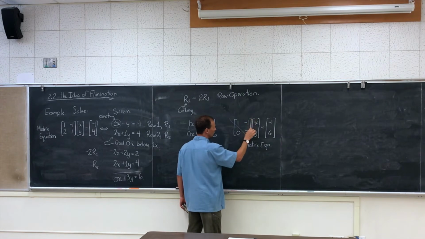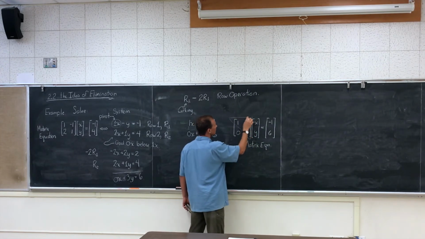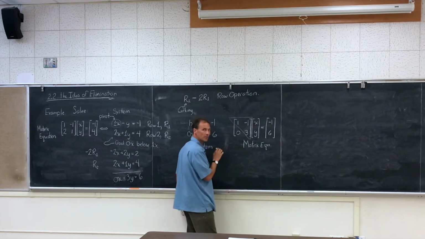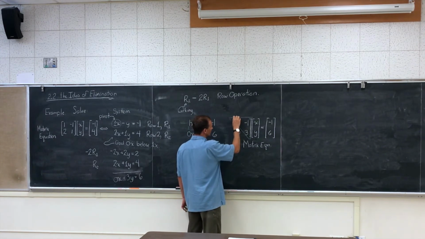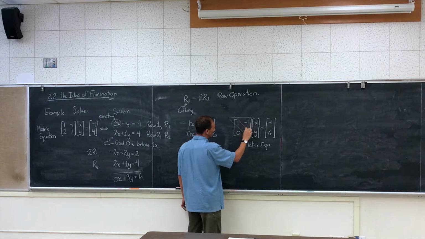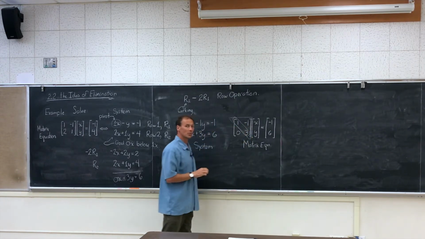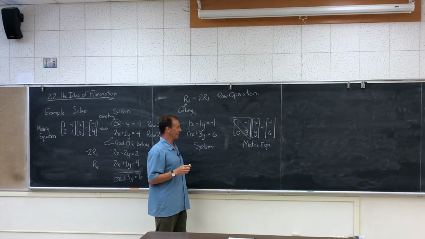We call this an upper triangular matrix. And these numbers that go from the top left to the bottom right of a square matrix, we call that the diagonal.